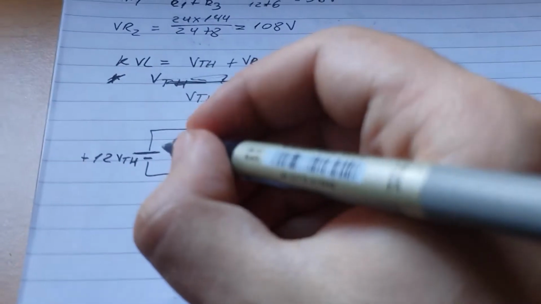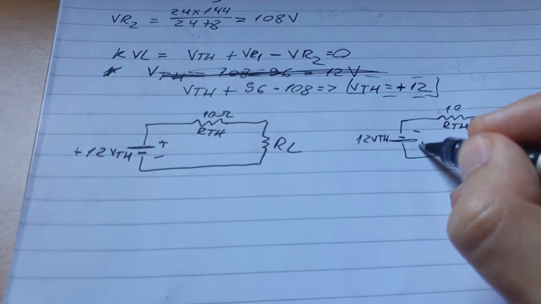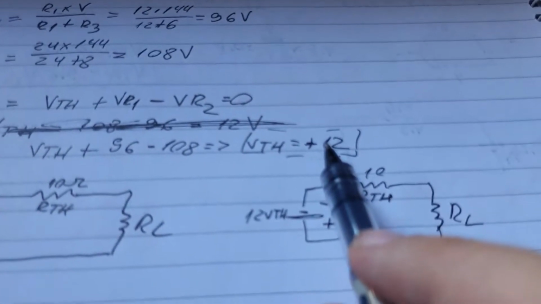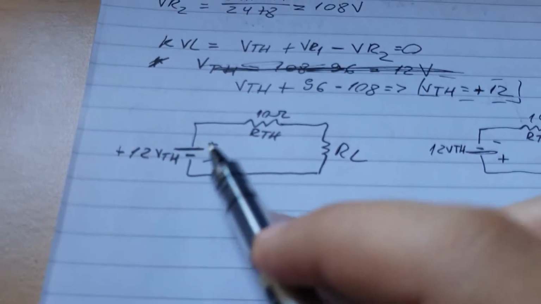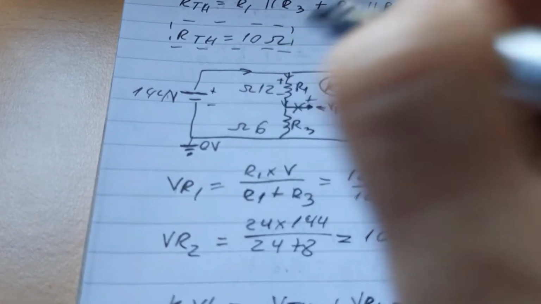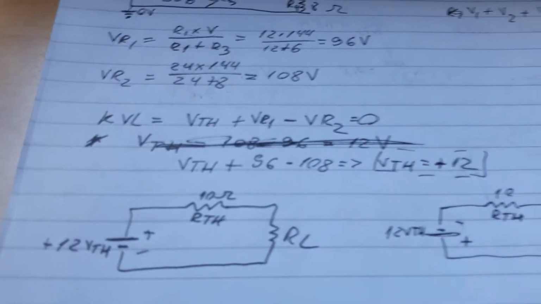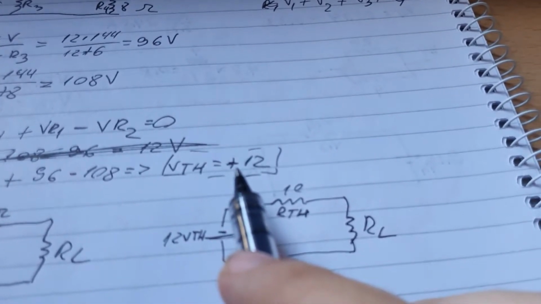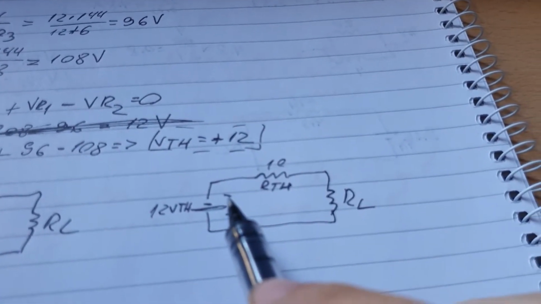There you go. And that's what I want to show you: if the value is positive 12, then the voltage source stays the same as in here, positive negative. However, if this was minus 12, then it will be in reverse. It will be negative positive.